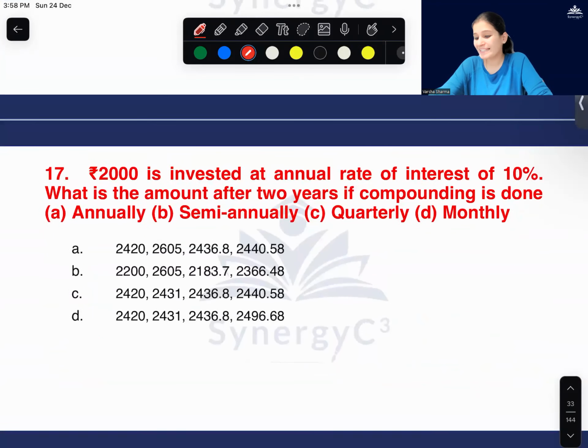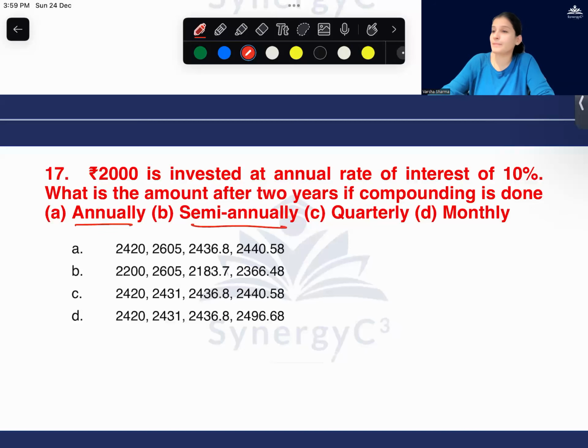First, very basic question. So here, if we look at it, the option that is different for everyone, only calculate that. There is no such option. So calculate the first two, which are the easiest ones. Calculate only annually and semi-annually. Whatever matches, that's your answer, because the first two options are not the same in any one of them together. The first option is same in two, the second is same in two, but they both together are not same in any one of them.